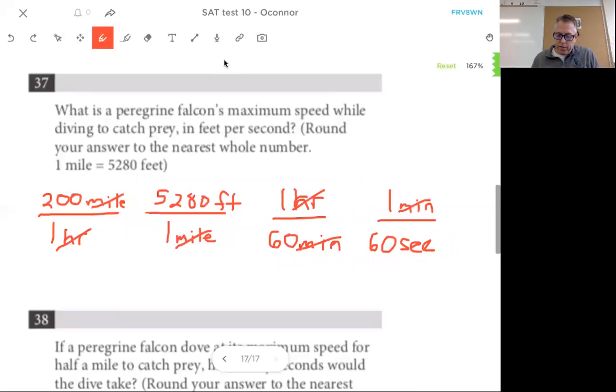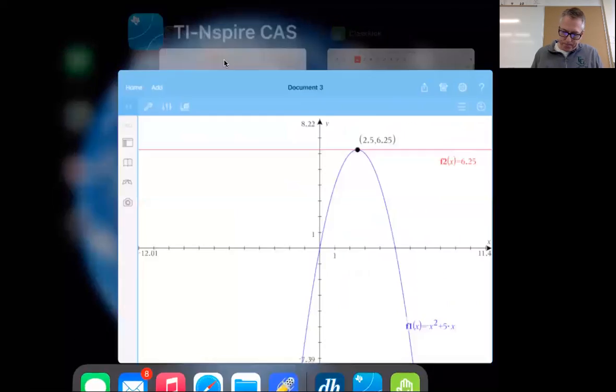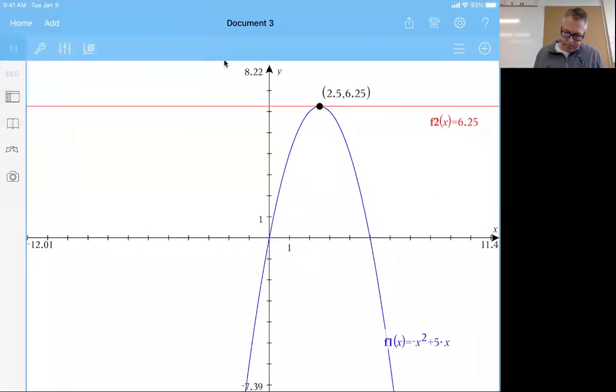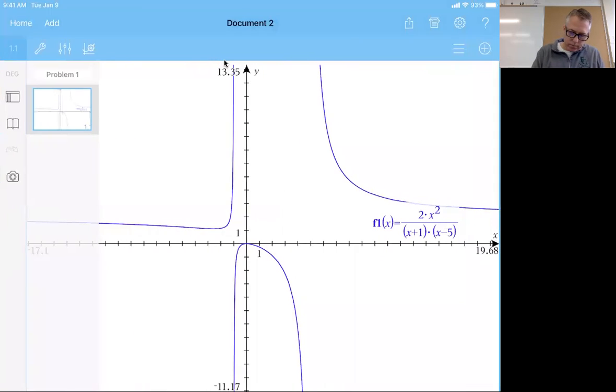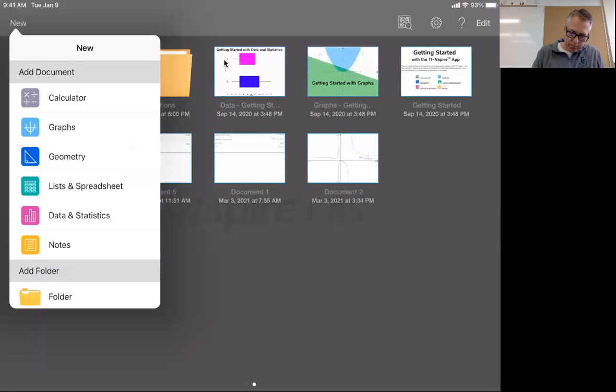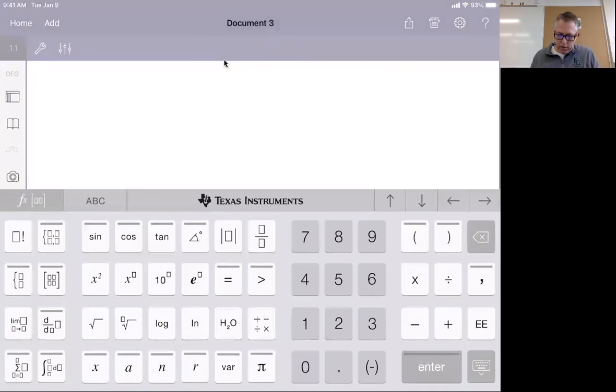So I have on top, I had 200 times 5,280, and then divided by 60. Oop, I hit plus. I don't want plus, I want times. 60 times 60.